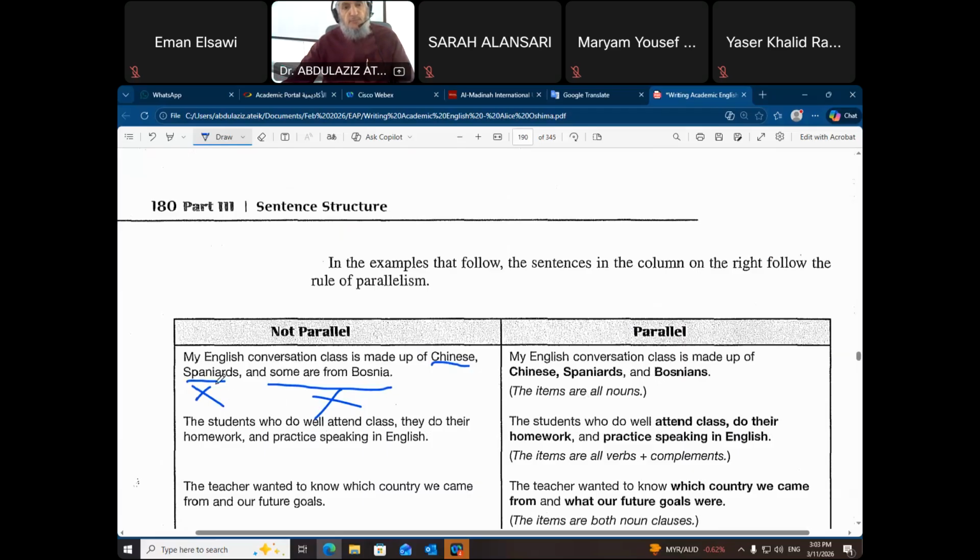Okay, so Spaniard becomes a language. Saying some are from Bosnia, this is wrong. It should be a language. Okay, it should be Spanish. This one should be Spanish. Chinese, Spaniard, and Bosnians. So these all are languages.